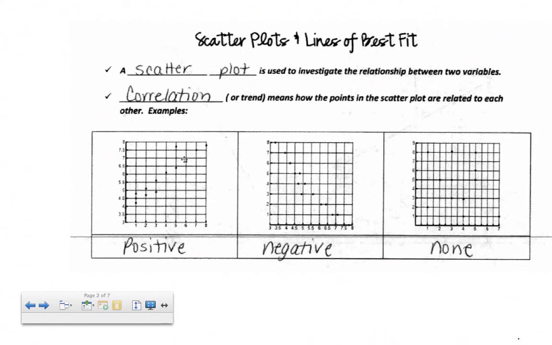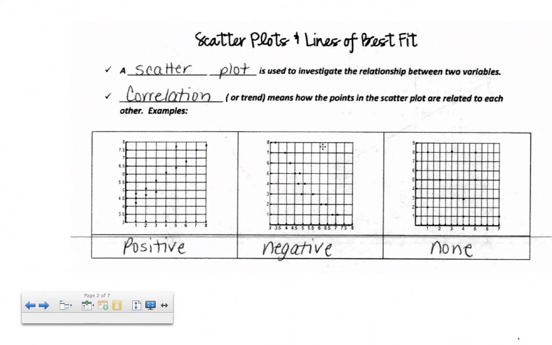So the correlation between these points, whatever it is that they're representing, is positive. Another way to think about it is as the independent variable or the x value is increasing, the dependent variable or the y value is also increasing, and that's happening consistently over time.